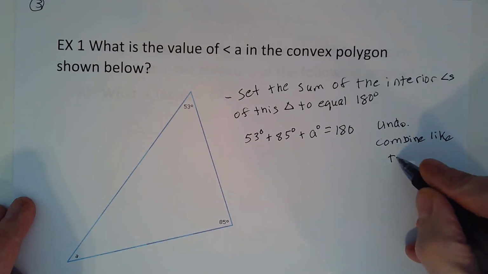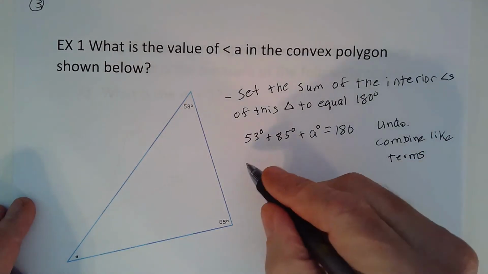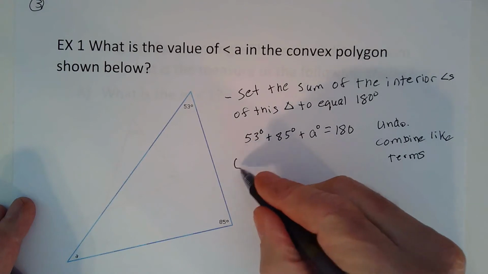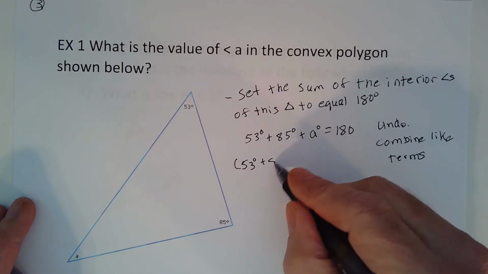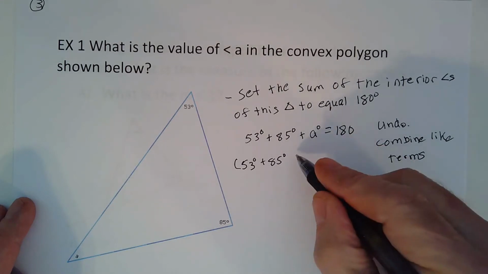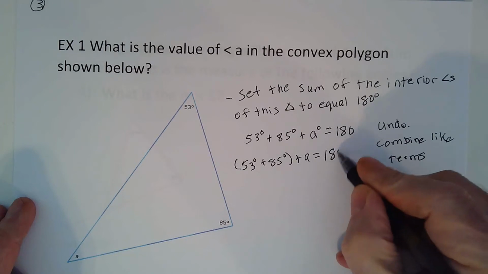In this case, the like terms are the 53 degrees and the 85 degrees. So let's put those in parentheses: 53 degrees plus 85 degrees, plus A equals 180 degrees.